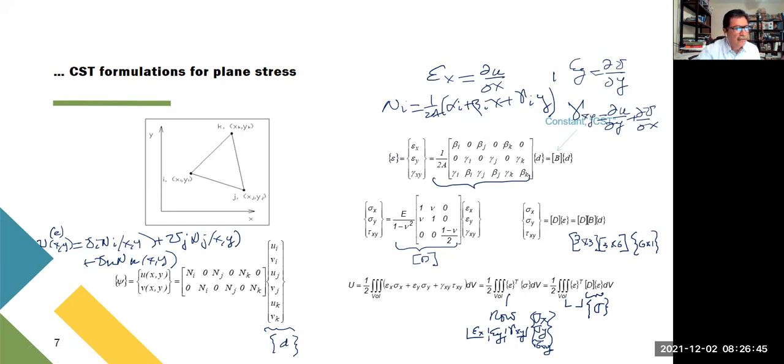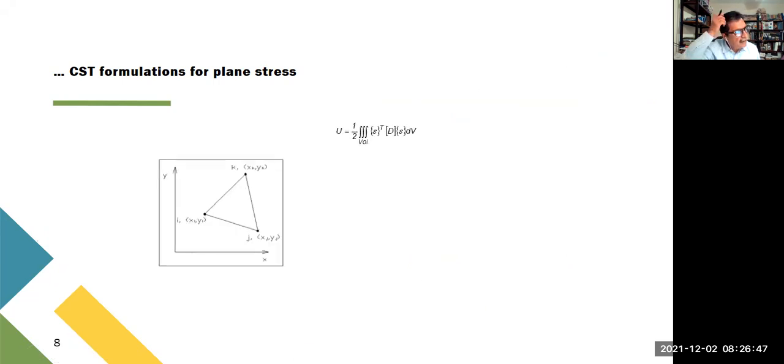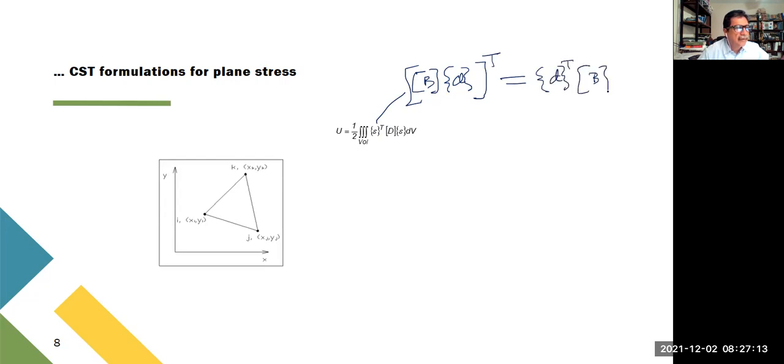Okay, and we're going to do that in the next slide here. This is what we have before. So instead of this, we're going to have B times D, and this, we're going to transpose it. So that the result of this is going to be equal to D transpose times B transpose.